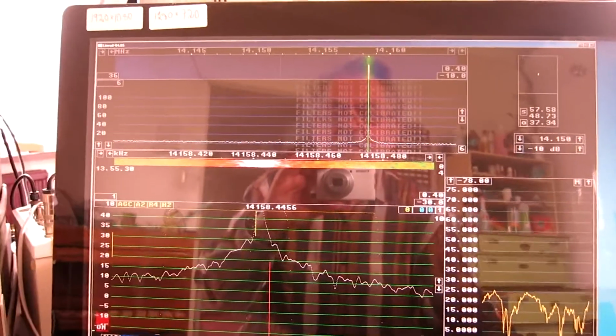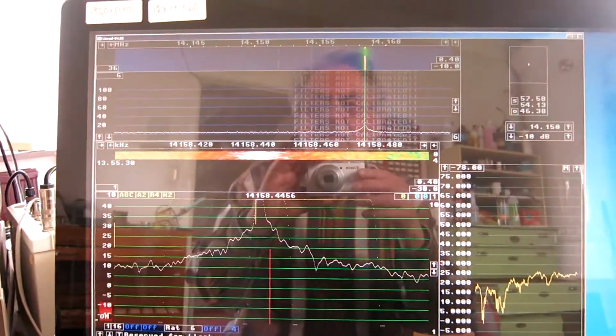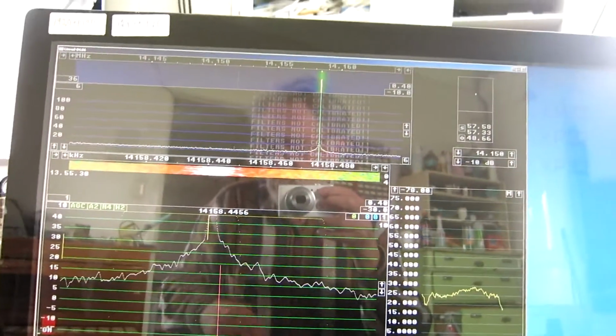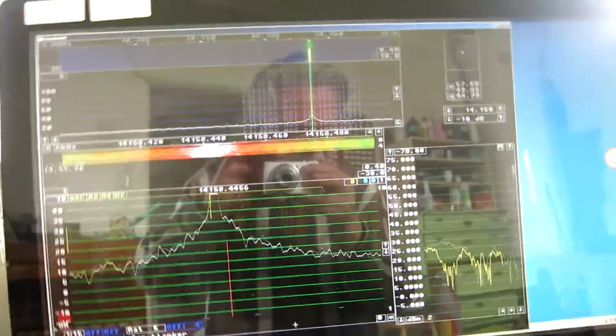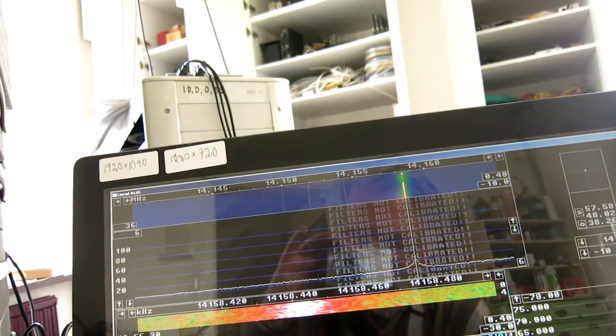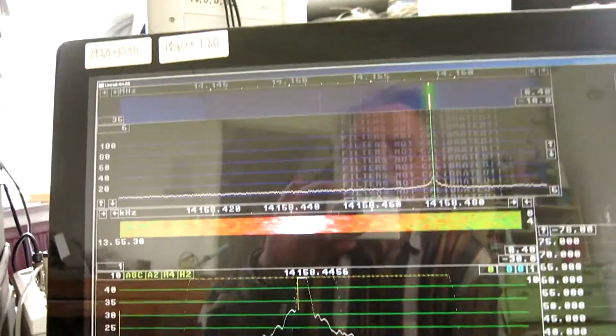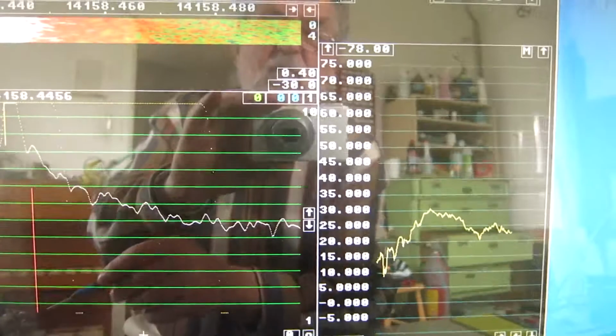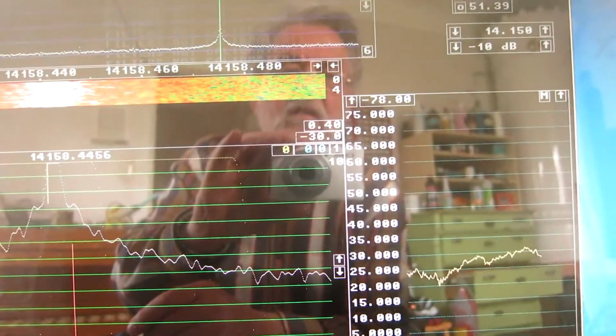And the measurement bandwidth is about 50 Hertz as before. I haven't changed that. Now I will turn up the feedback just a little bit by reducing the attenuation. And I look at the S meter here.